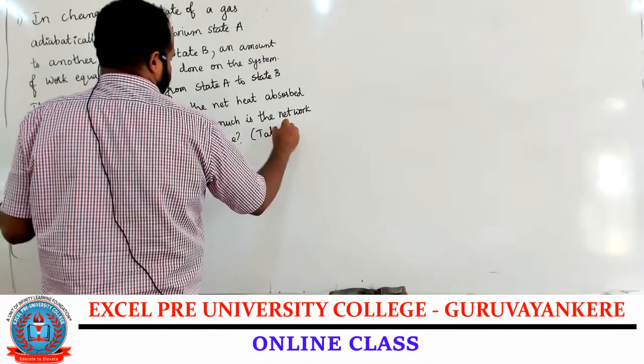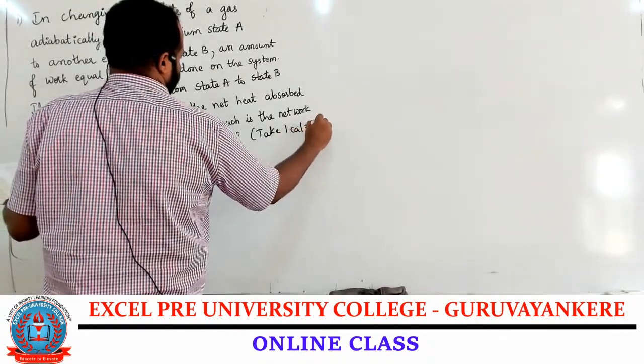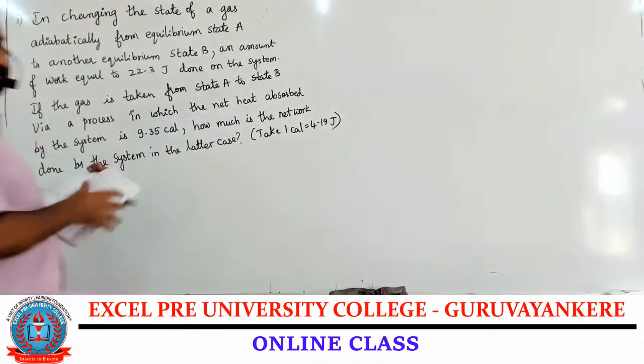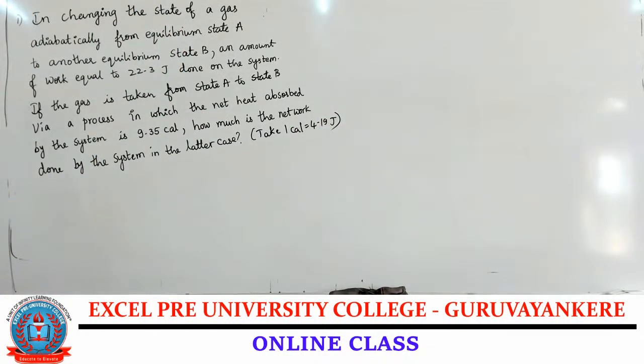Take 1 calorie equal to 4.19 joule. Write down the question fast.